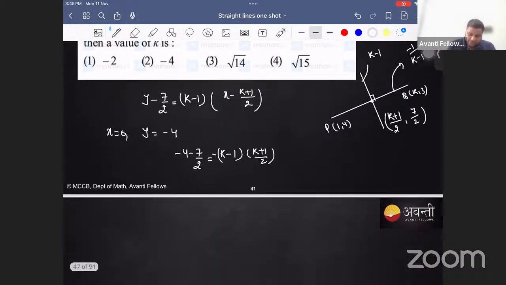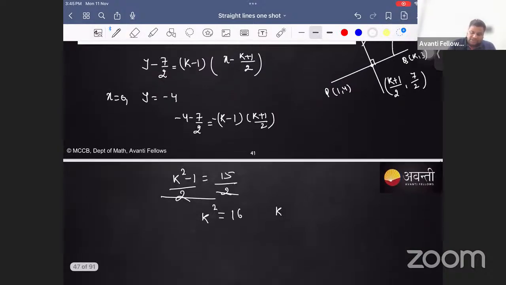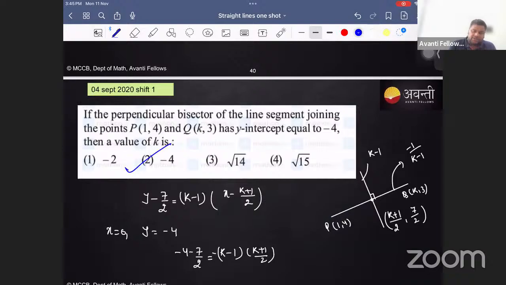Alright, so k square minus 1 is going to be 15 upon 2 into 2, this is cancelled. So k square is 16, so the value of k is plus minus 4. In the options, -4 is there and that is your correct answer.